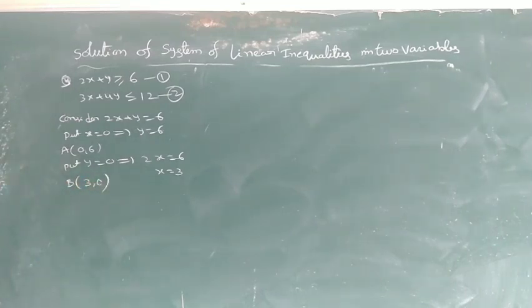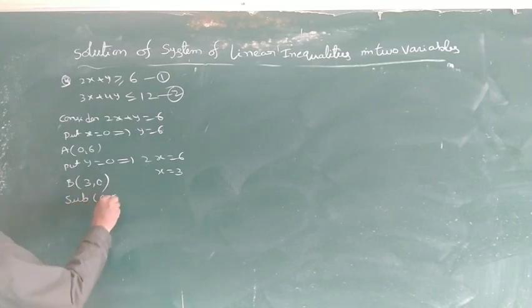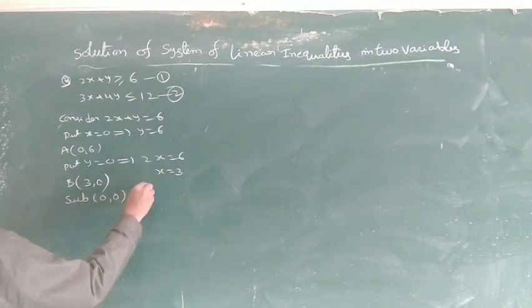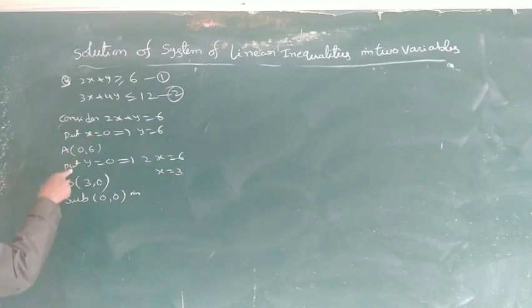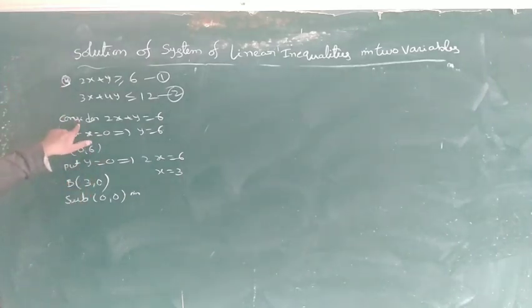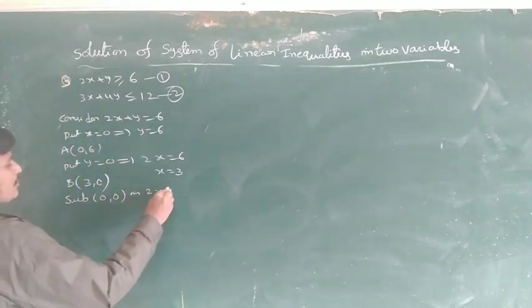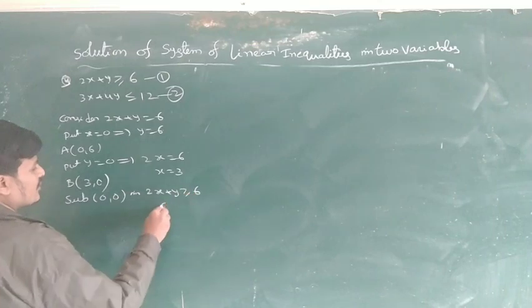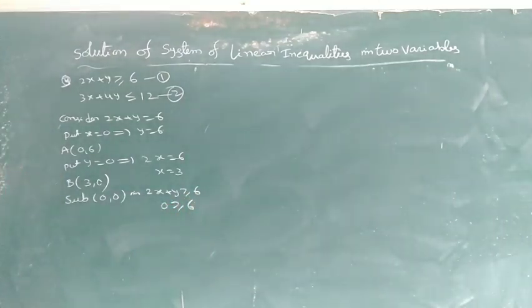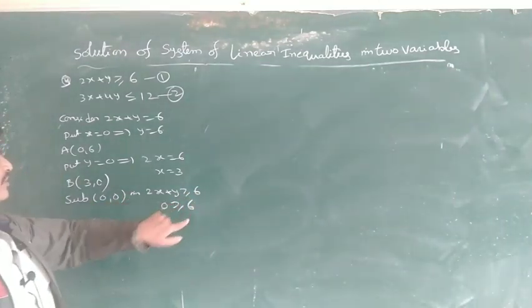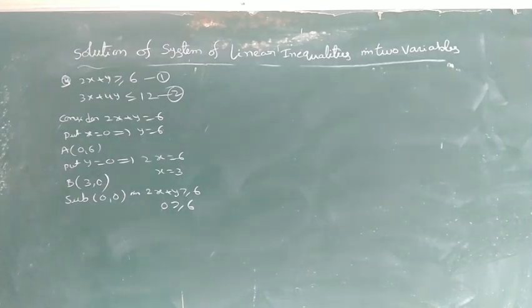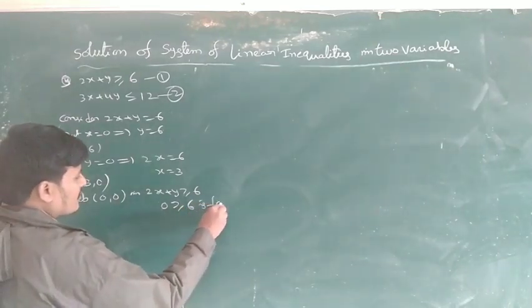Directly substitute 0, 0, where x is equal to 0 and y is equal to 0, in the inequation 2x plus y greater than or equal to 6. So, 2 into 0 plus 0, 0 greater than or equal to 6. 0 greater than or equal to 6 is false.